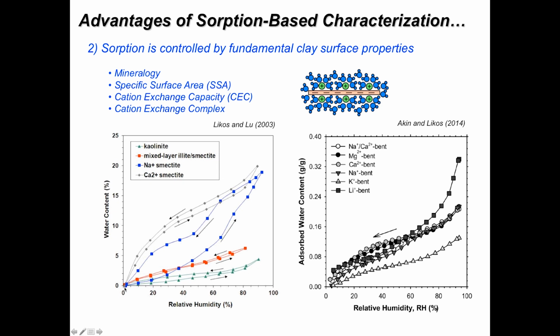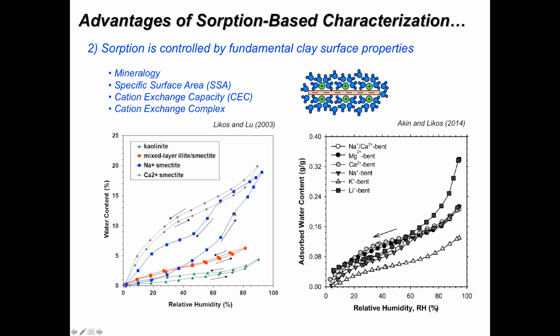And there's a couple observations that we can make here. One is that that kaolinite, because it has a relatively low surface area, maybe 10 to 20 meters squared per gram or so, doesn't absorb a lot of water relative to these other clays. We also see, particularly when we compare that to this blue one, which is a sodium smectite, that there's much less hysteresis in the response for this kaolinite clay.